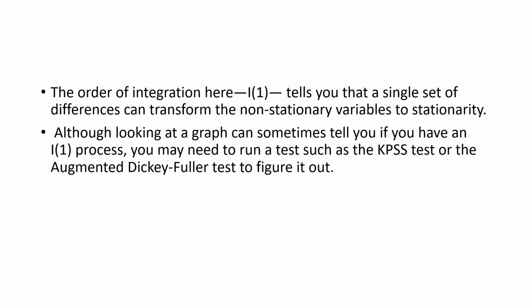This is very important to understand whether you have to follow one step or two steps or three steps to transform your non-stationary data into stationary one. So here I1 means that you can just go for the first difference to transform the non-stationary data to make it stationary.